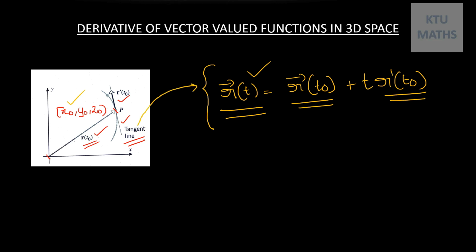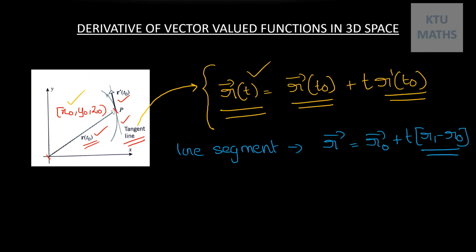This equation is the equation of the tangent line, and you need to study it by heart. To clearly inculcate the concept in your mind, I will also write the line segment equation that we have studied previously. The line segment equation was vector r is equal to vector r0 plus t times (r1 minus r0). r1 minus r0 was the reference vector v.